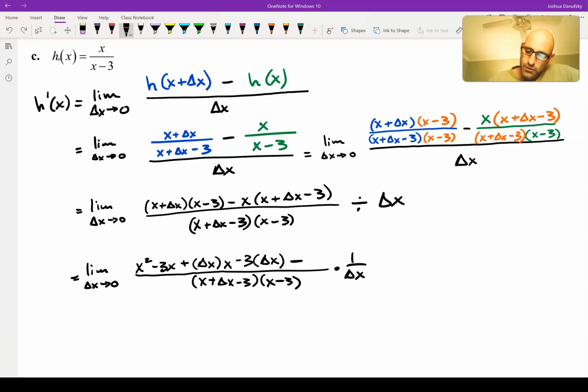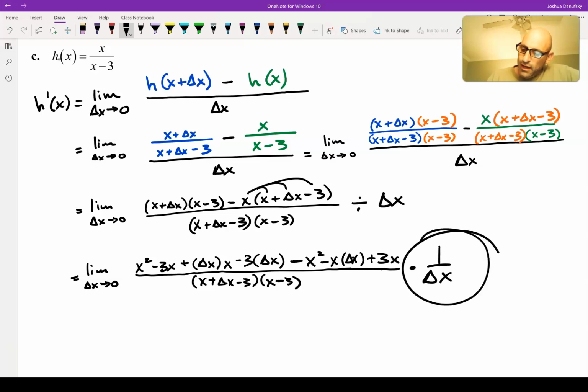Now, I need to distribute this guy, and that's going to be a matter of making sure that we don't mess up our sign, right? So I've got a negative x squared with the first multiplication, a negative x times delta x, and then a positive 3x, and we are multiplying by 1 over delta x.